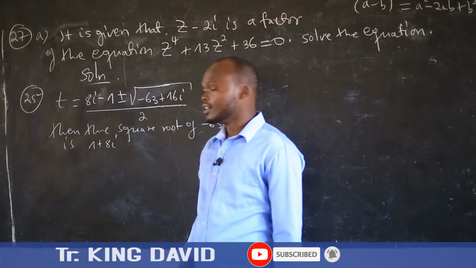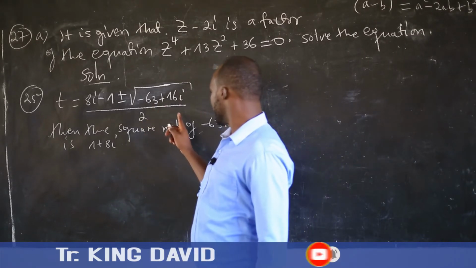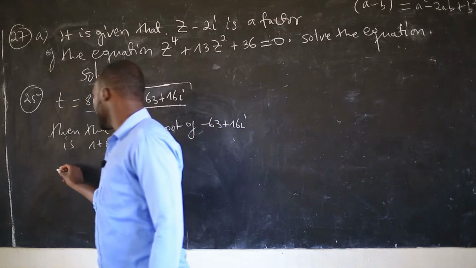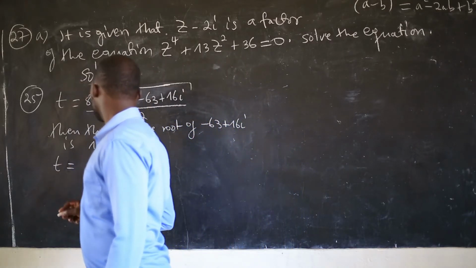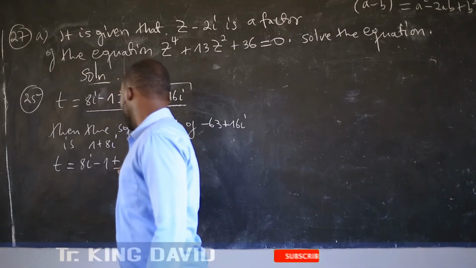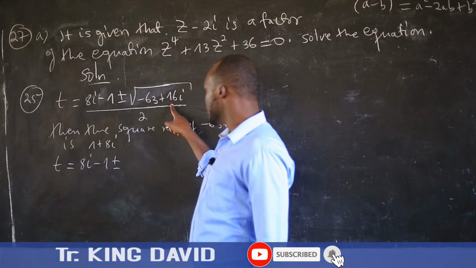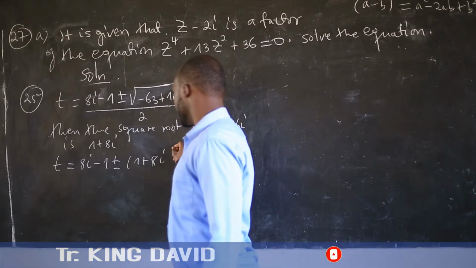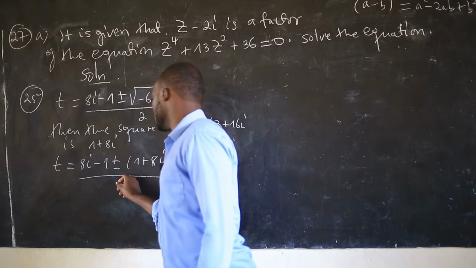Then now, the square root of negative 63 plus 16i is 1 plus 8i. So meaning that t will be equal to 8i minus 1 plus or minus the square root of this one. And the square root of that one is 1 plus 8i divided by 2.